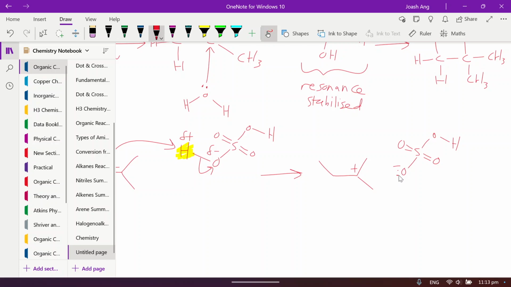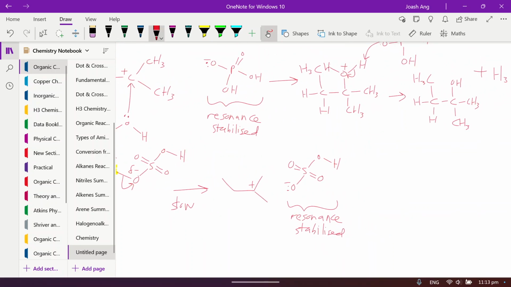And like H2PO4 minus, this is also resonance stabilized, which causes the POE of the reaction to lie much more to the right. Okay, so now, oh yeah, I forgot to label this fast step.